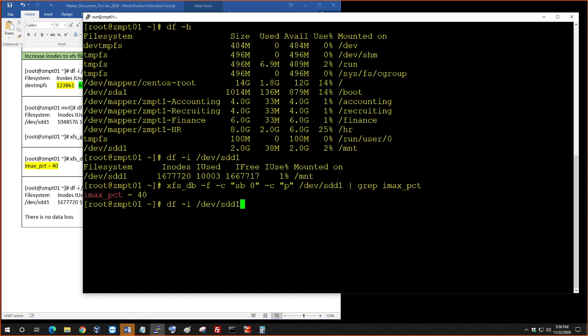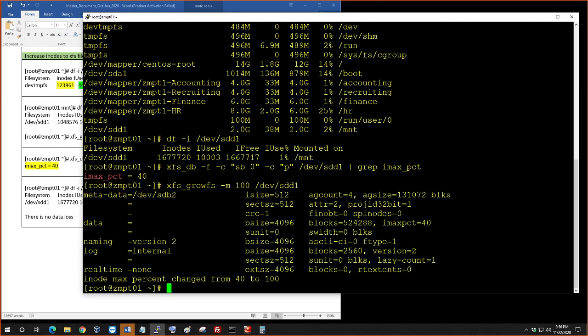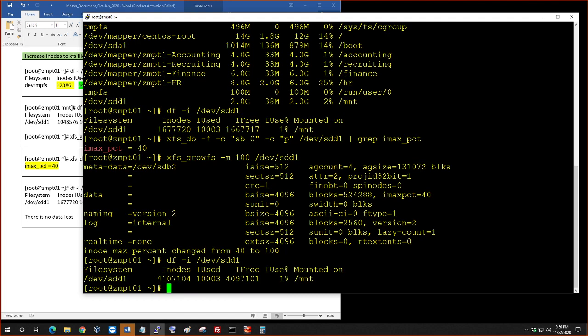So I'm going to change it to 100%, see what happens. Okay, inode maximum percent changed from that to that. And the maximum it's showing is 410,000.